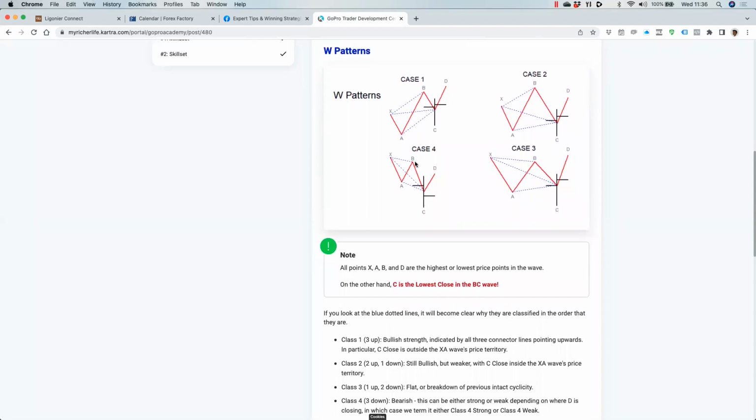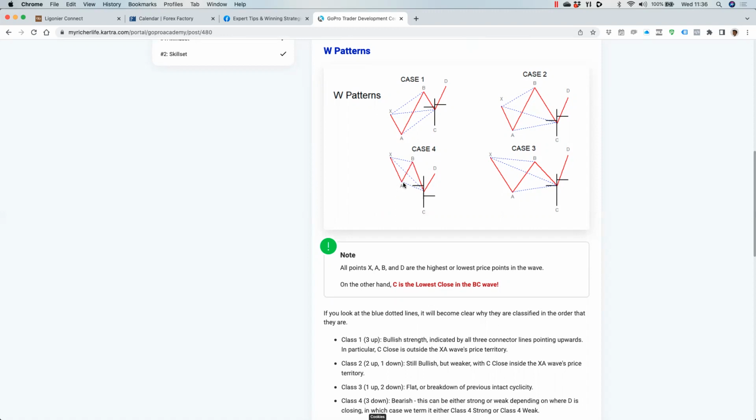So a class 4 is like an upside down class 1, or it's when you've had a class 1 pattern that's gone, let's say, from an M to a W, and we do not have any sign of weakness yet. As you remember earlier when I was talking about a trend, it's a consistent breaking of support.